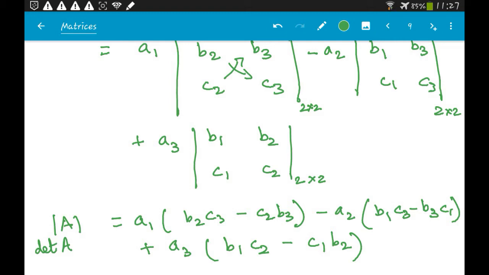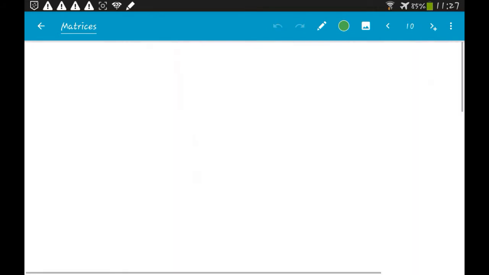Of course, if there are numbers here, you can easily calculate what this is. You can just put in those numbers and do the calculation and complete it. Finally you will get a number. So let's calculate for a small matrix. Let's see if I have an example somewhere where I have done matrix calculation.